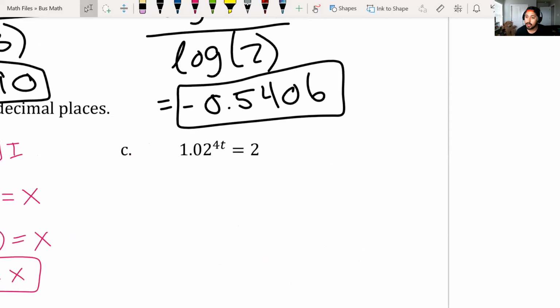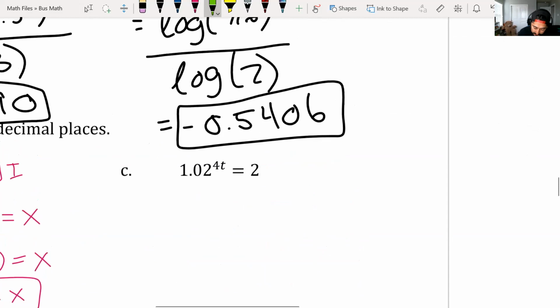C. All right. This one's going to take some work. So this one's 1.02 raised to the 4t equals 2. So let's convert from exponential to logarithm. So the base is 1.02. So we will use the log, not the natural log.